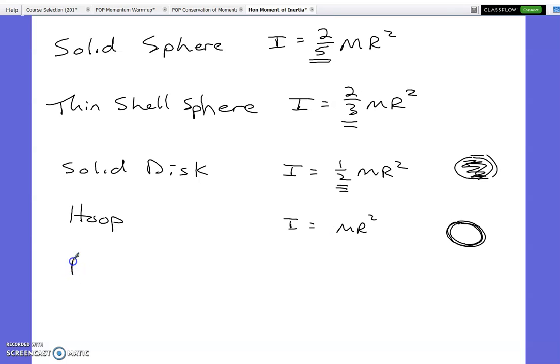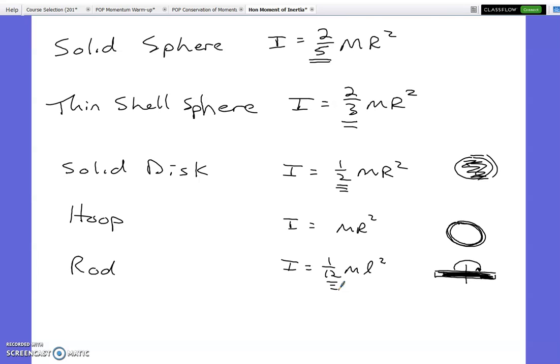We also have a rod, and how it is spun. So if we have a rod that is spun around the middle, like if you hold a meter stick in the middle and rotate it with your hand, in this case, the moment of inertia is 1/12 the mass times the length squared.